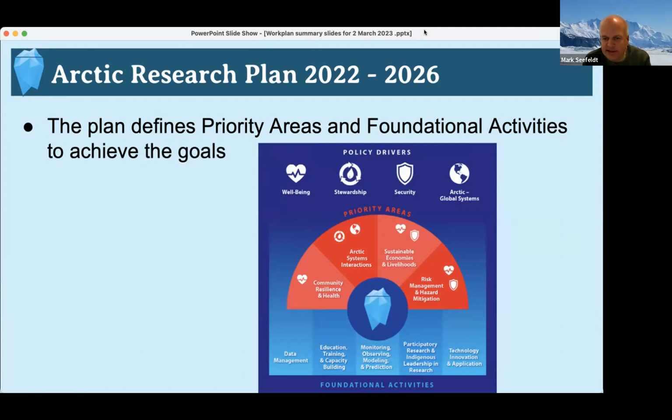The priority areas get into community resilience and health, Arctic systems interactions, sustainable economies and livelihoods, risk management, and hazard mitigation. Underneath that, with the foundational activities, the key here is that a new foundational activity was added with technology, innovation, and application.